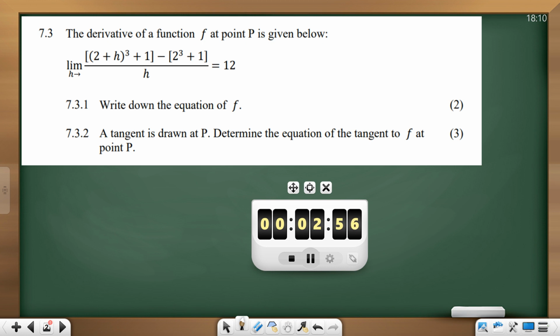It says the derivative of a function f at a point is given by this, right? Remember, your first derivative, that's what we're looking at, which is, write down the equation of f. Let's try. What are we saying?